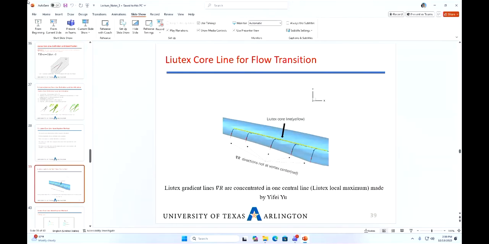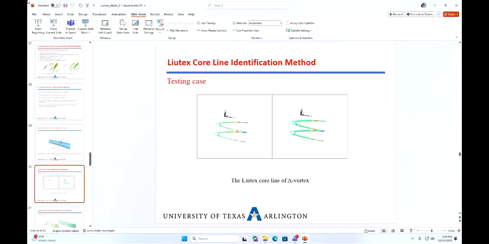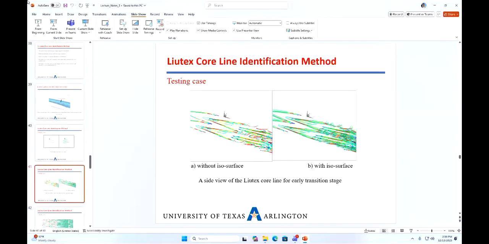This is not just by imagery or by guess. It is the truth. They do have a core line. We can find these core lines. What's the advantage? First, it's a line. Second, they have strength. The isosurface has no strength: on the surface, every Q is the same, lambda 2 is the same, vortex is the same.